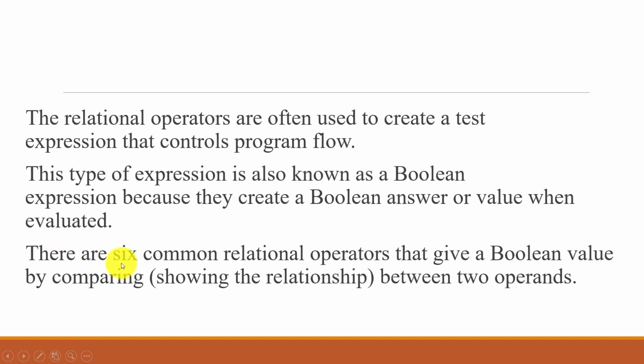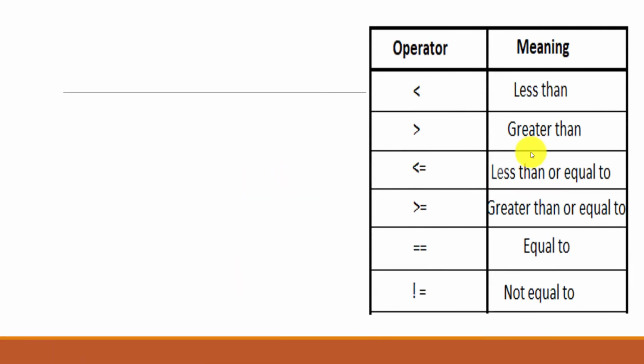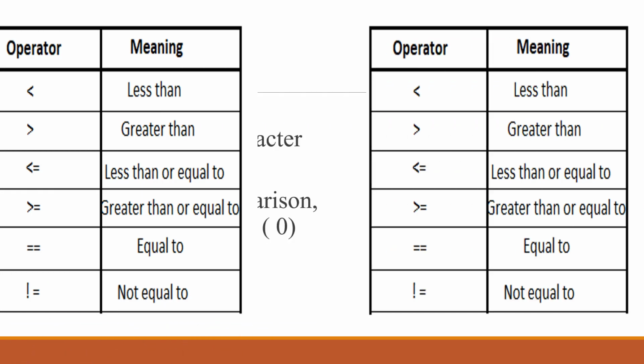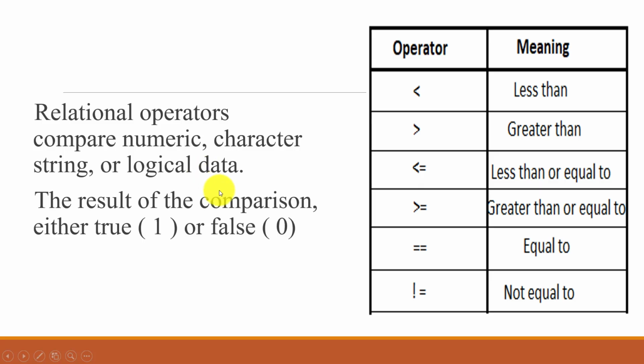Now let's see what the 6 common relational operators are. In this table you can see these 6 relational operators. They compare numerical values, characters, strings or logical data. So relational operators can compare numerical values, integers, characters, strings and logical data.